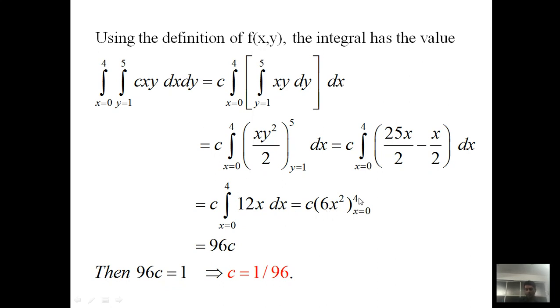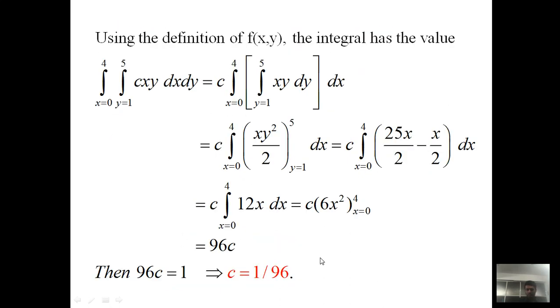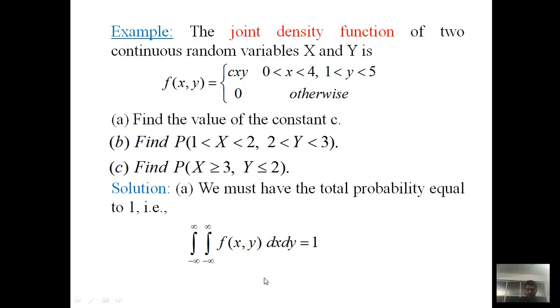Substitute lower limit 0, upper limit 4. By plugging in the upper and lower limits, we get 96c. But we know that the value of this double integral must be 1. So ultimately 96c is 1, that leads to c is 1 by 96. So we have found the value of this constant c.